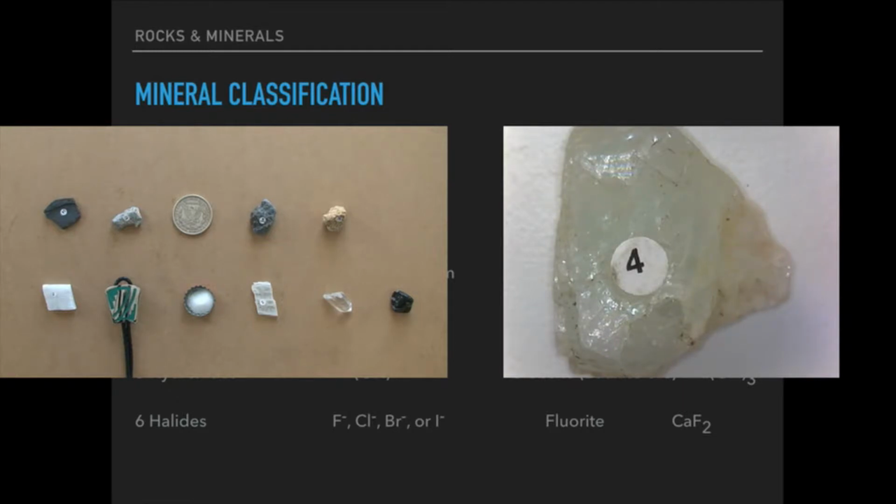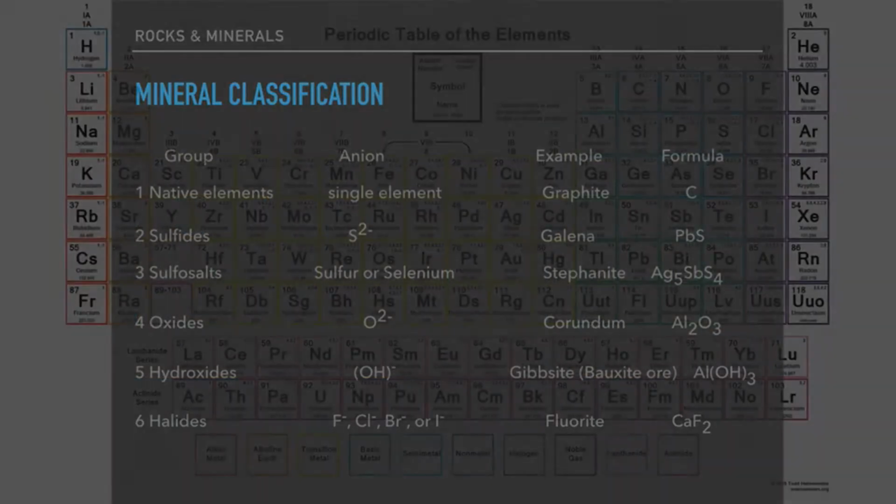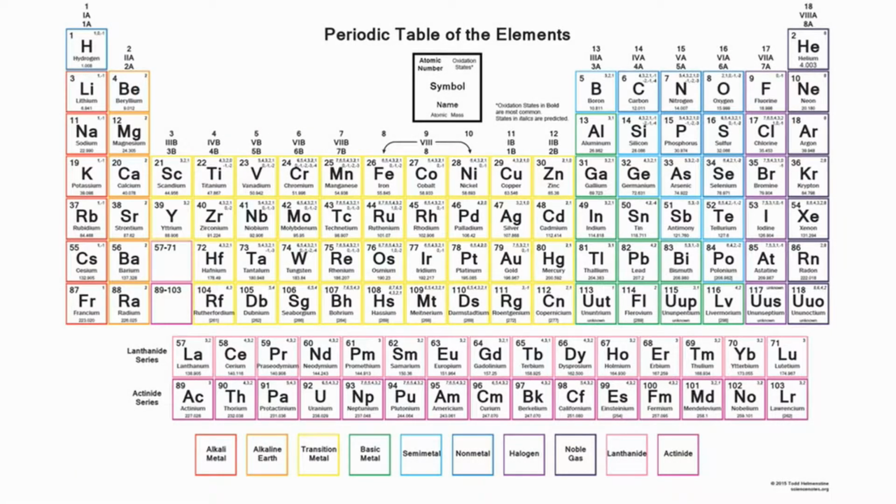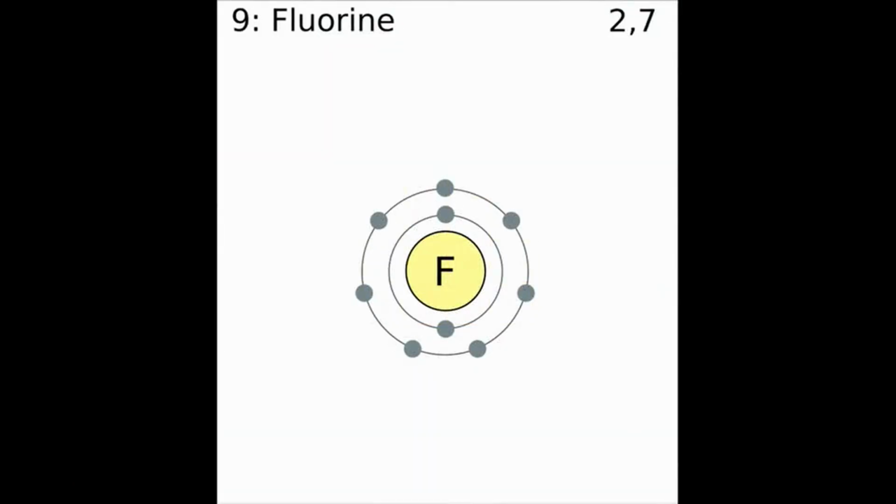And what I'll do is I'll show you on the periodic table where those things live. It's on the far right, the next to last column is column 7A, fluorine, chlorine, bromine, iodine. And you may notice then that if I look at the electron configuration, there's 7 valence electrons.